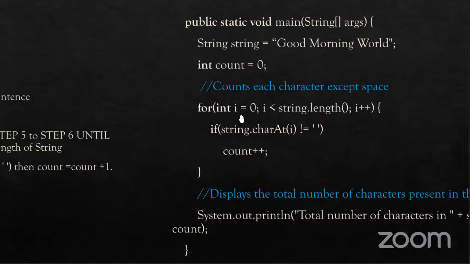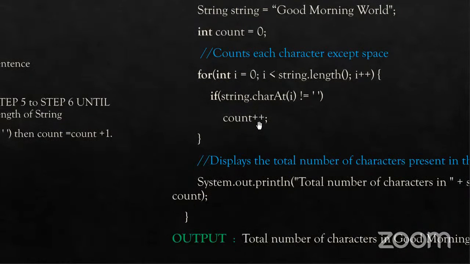Then again i will increment, and i equals 1. The character at the first index position is o, so again count will be 2. Like that the loop will work up to the last index position of good morning world. Inside this count we now have the total number of characters.